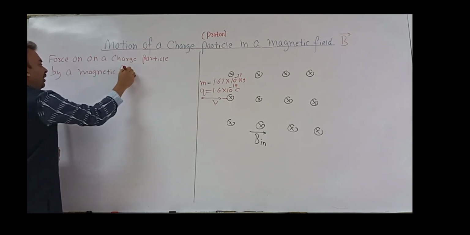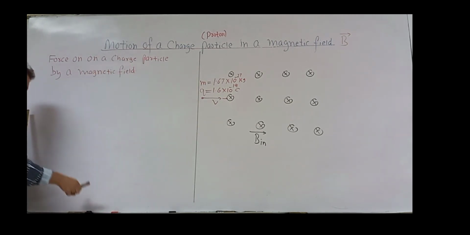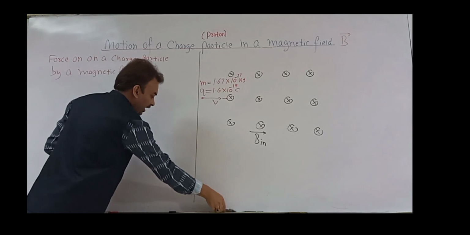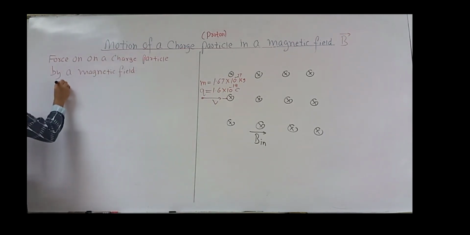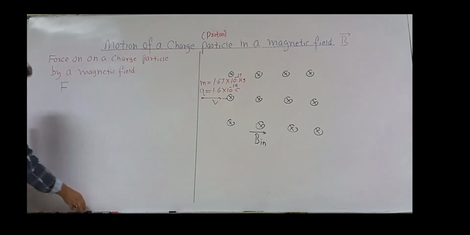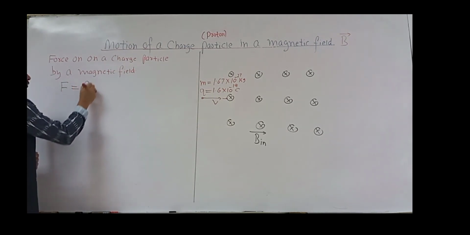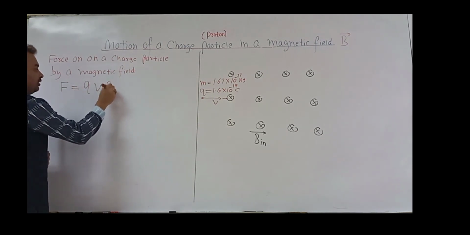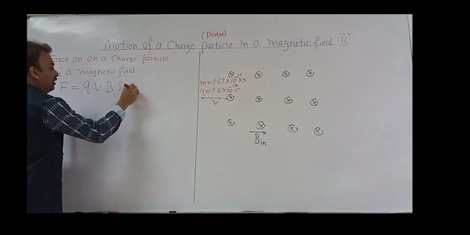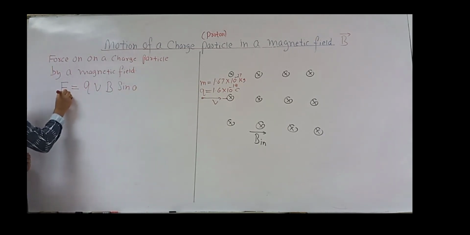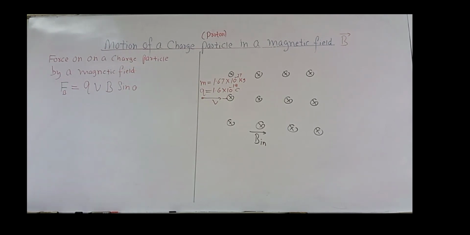can be given by the equation: the magnetic force F will be equal to Q V B sine theta. This is the magnetic force, so I will say this is F_B, the magnetic force, right?